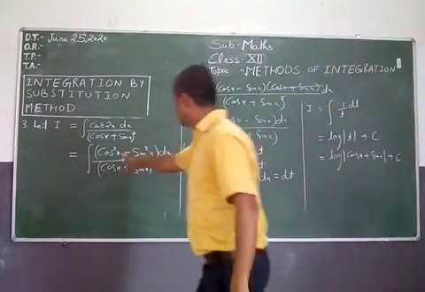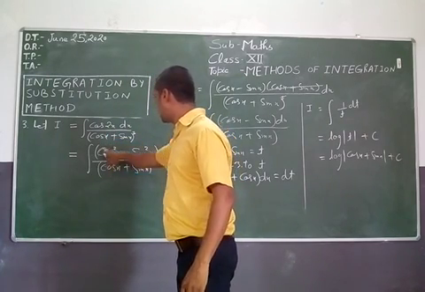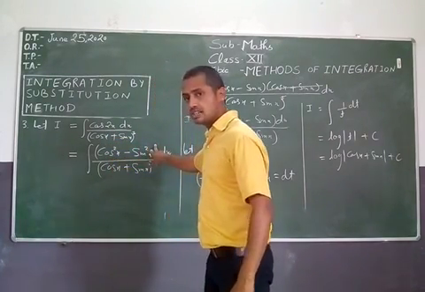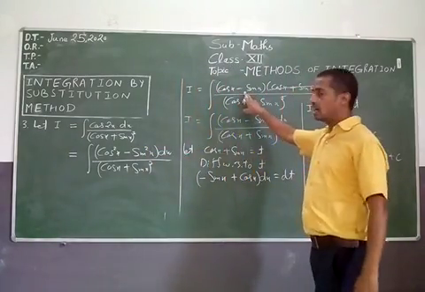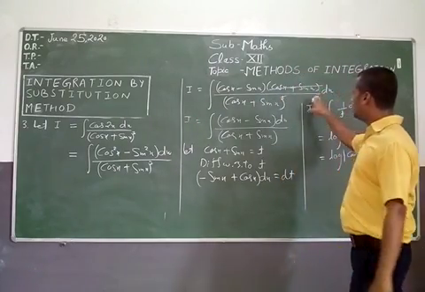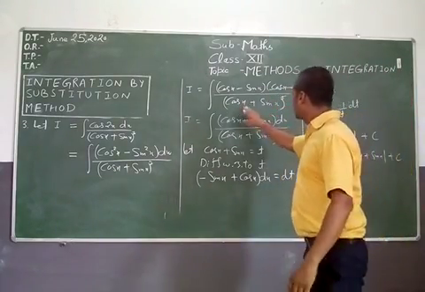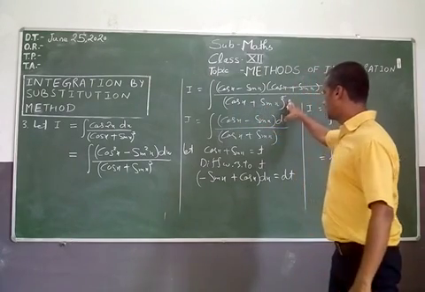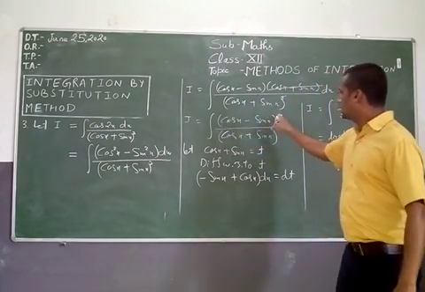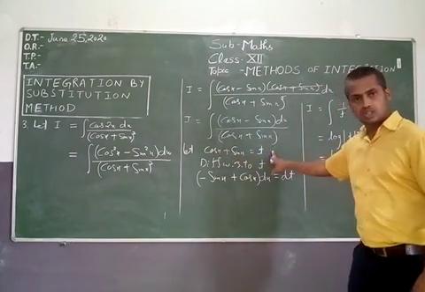Now you can see here, first we have to apply identity of cos 2x in the form of cos square x minus sin square x. Now we can apply again identity a square minus b square equal to a minus b, a plus b. Now we can remove one factor cos x plus sin x with cos x plus sin x whole square. We have cos x minus sin x upon cos x plus sin x. We can substitute cos x plus sin x equal to t.